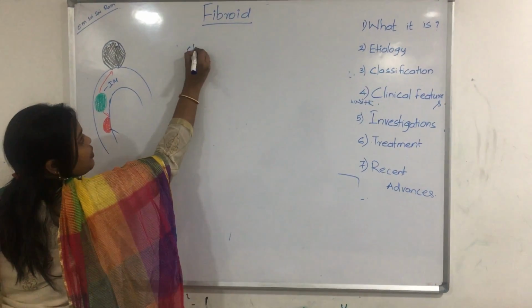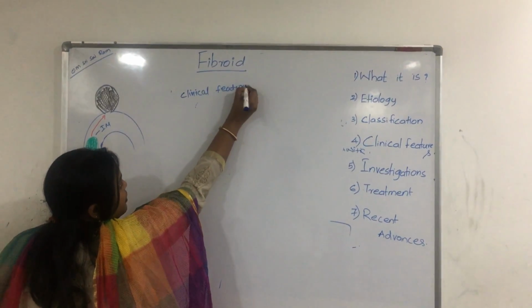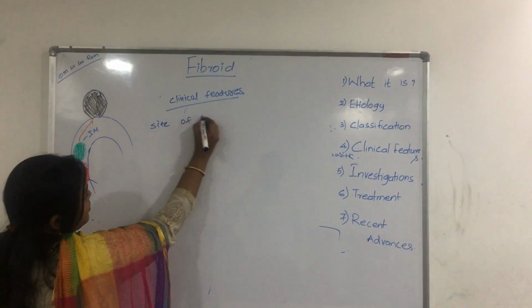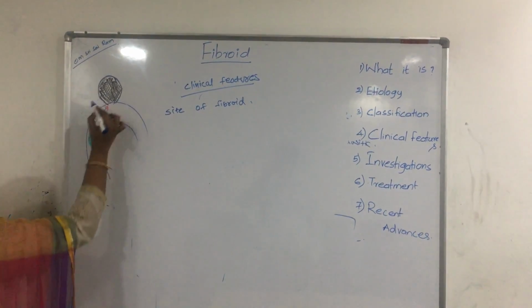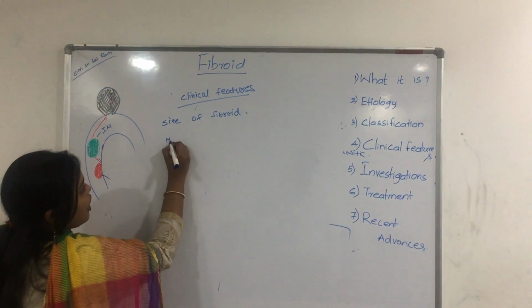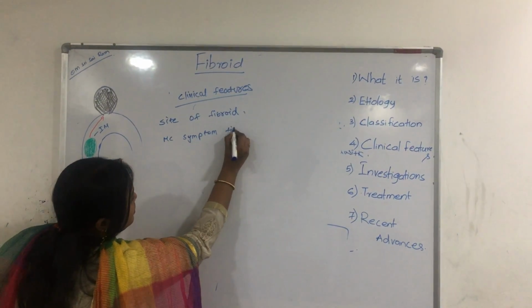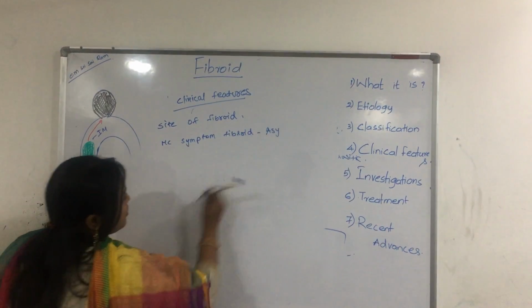The clinical features of the fibroid mainly depend on the site of the fibroid. Each type of fibroid will produce a different type of symptoms. But the most common presentation of fibroid is that they are asymptomatic.